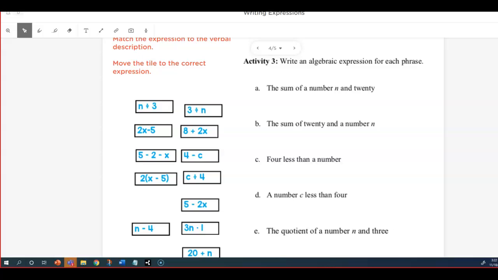I don't know. The next one looks scary. What? The next one looks scary. Okay. 4 less than x. So the next one is 20. No. Yes. 1 less.